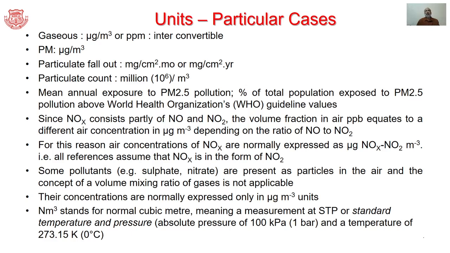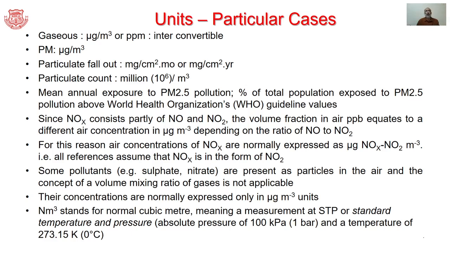Some pollutants like sulfate, nitrate are present as particles in the air, and the concept of volume mixing ratio of the gas is not applicable. Hence, their concentrations are required to be expressed in the form of microgram per cubic meter. Also, as we know, the volumetric content depends on the temperature as well as the pressure for a given reason.